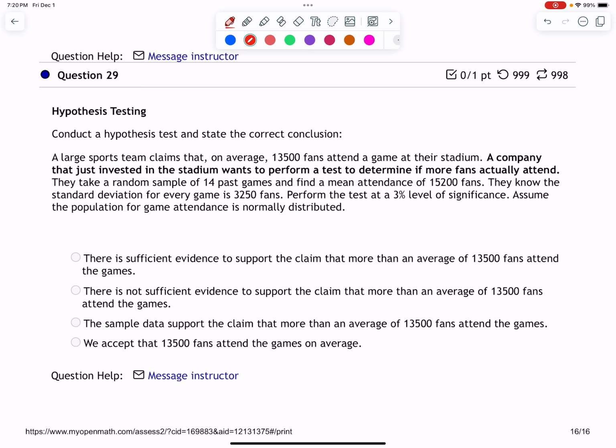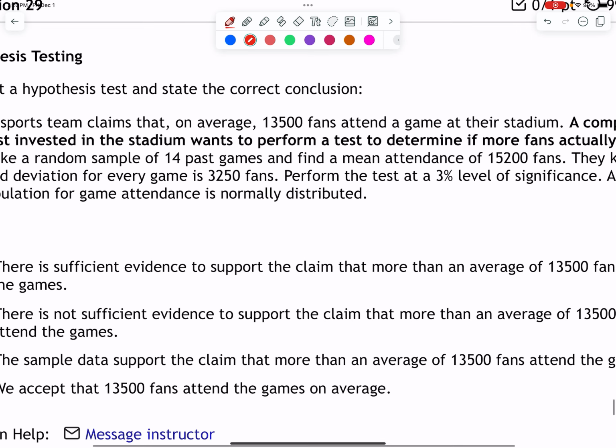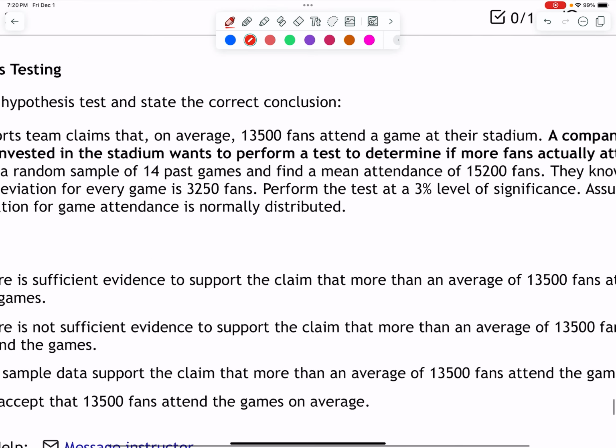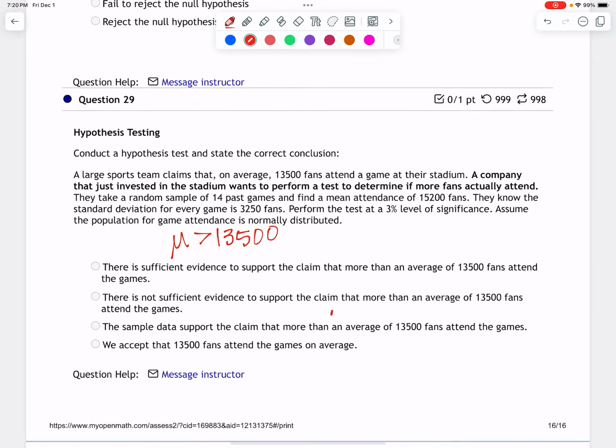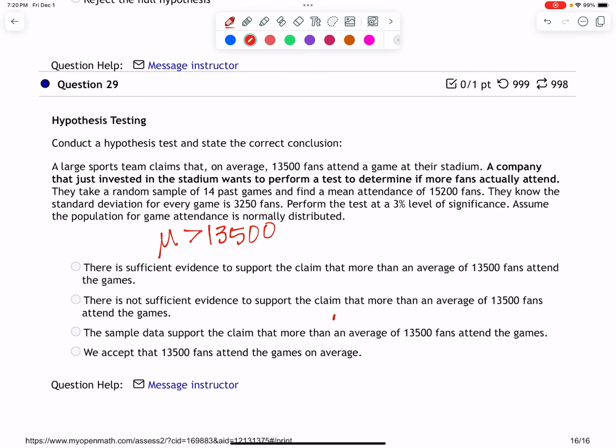The only thing I see in 29 is the company just invested and wants to perform a test to determine if more fans attend. So it looks like we want mu to be greater than 13,500. So then 14 would be your N for your sample.